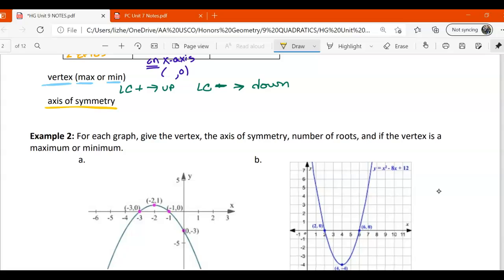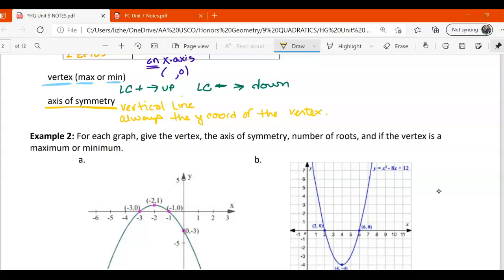Axis of symmetry. The axis of symmetry is a vertical line, it is always the y coordinate of the vertex.